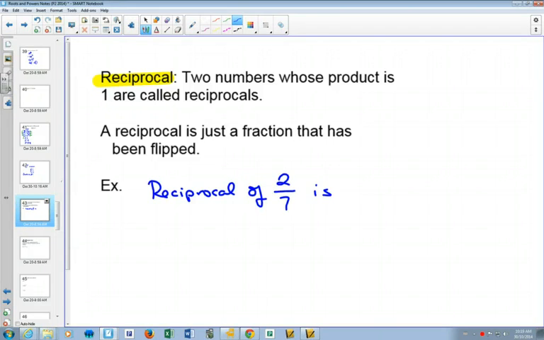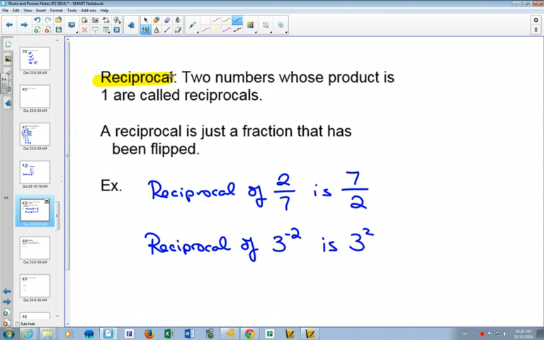Reciprocal of 2 sevenths is 7 halves. Reciprocal of 3 to the negative 2 is 3 squared.